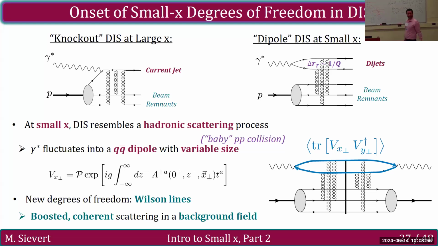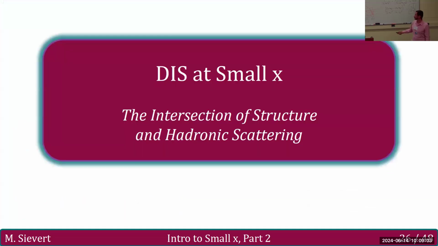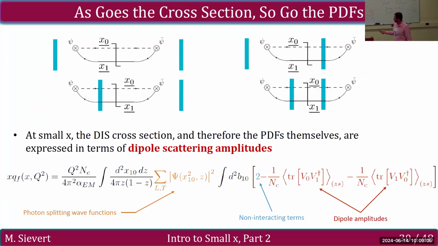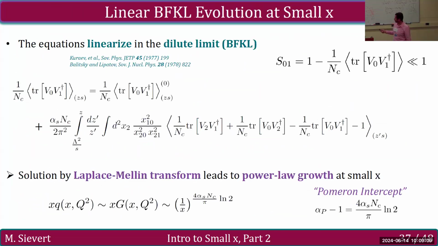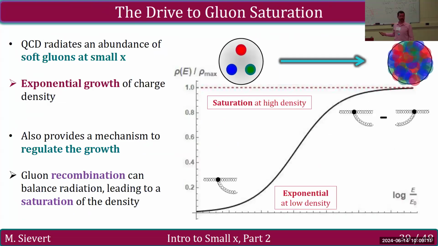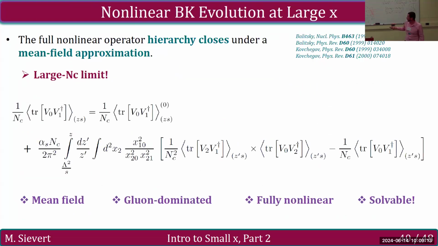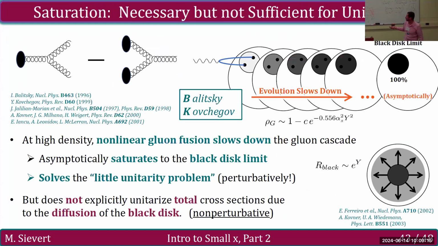Yes, please. You mentioned that even if there's saturation, there's still a big problem, the unitarity problem. Is there any evidence from non-perturbative techniques that it is solved? Oh, great question. I don't know the answer to that. There was an argument in the small x field about whether this had completely solved the unitarity problem.